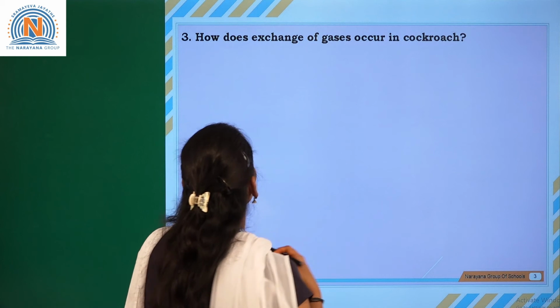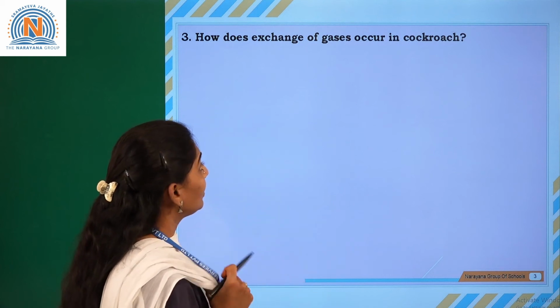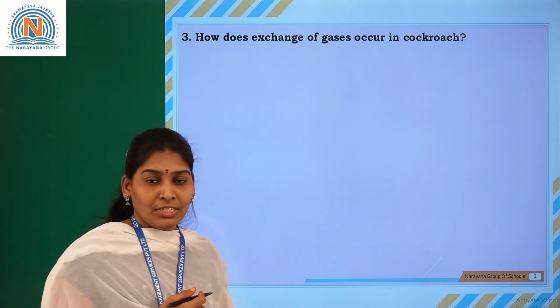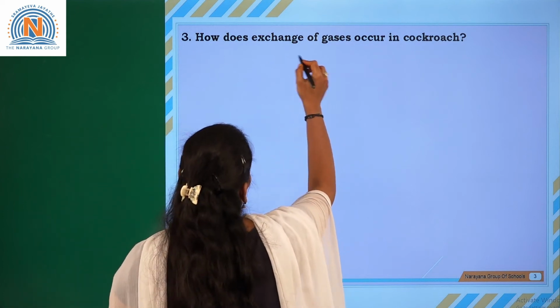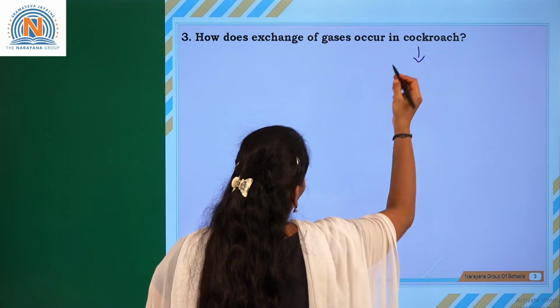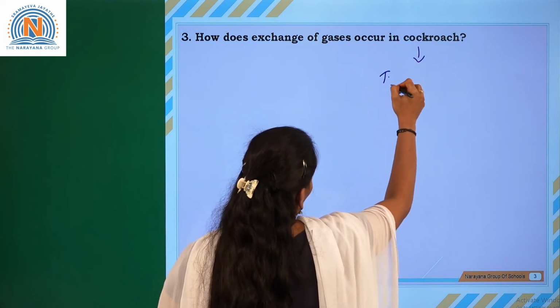The next question: how does exchange of gases occur in cockroaches? In insects, especially the cockroach, we call this tracheal respiration.